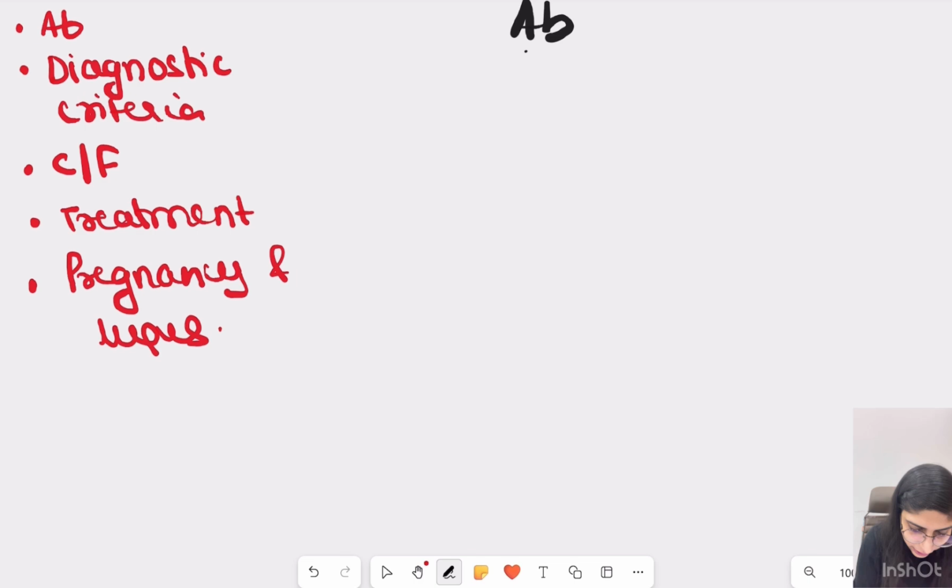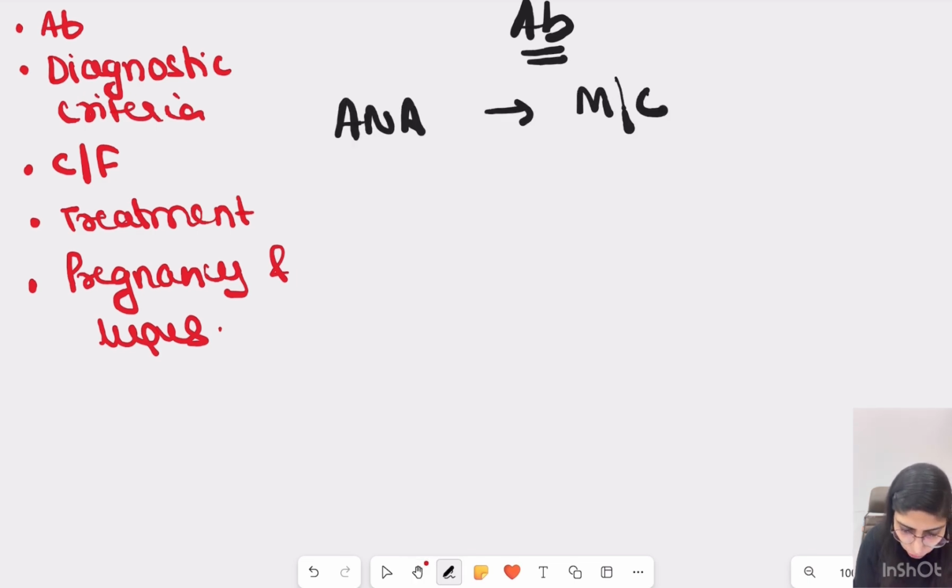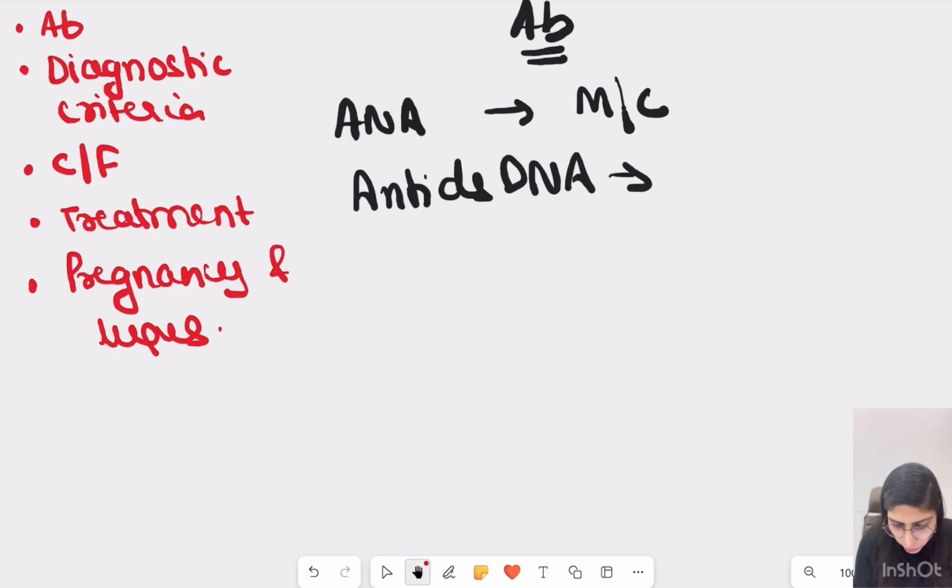If we talk about antibodies, ANA is one of the most common antibodies in SLE, but it is not the most specific. The most specific one is anti-dsDNA. So if you are asked the most common antibody in SLE, that will be ANA. If you are asked the most specific, then it will be anti-dsDNA.